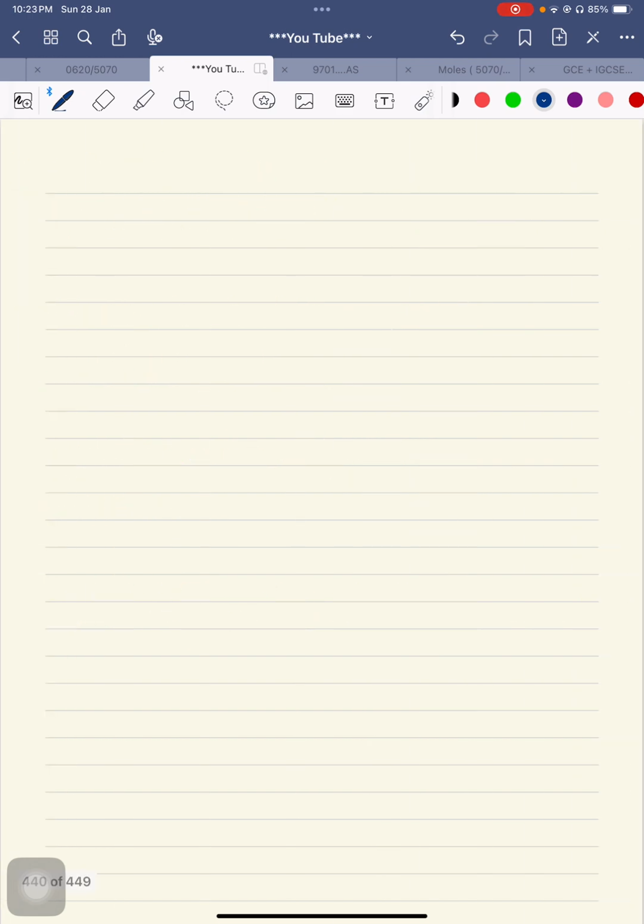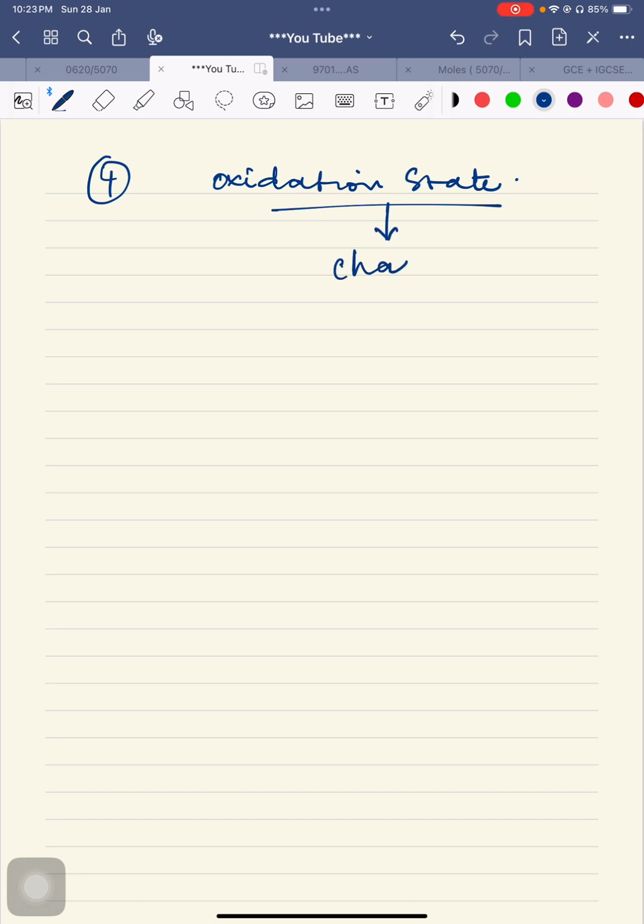Now I am on the next page, and here we are discussing the last definition of oxidation and reduction, definition number 4, and it is about oxidation state. It's a new thing. Oxidation state is nothing but charge.